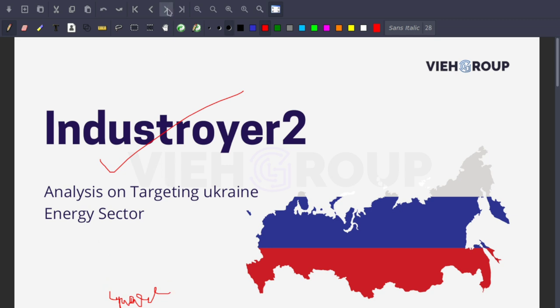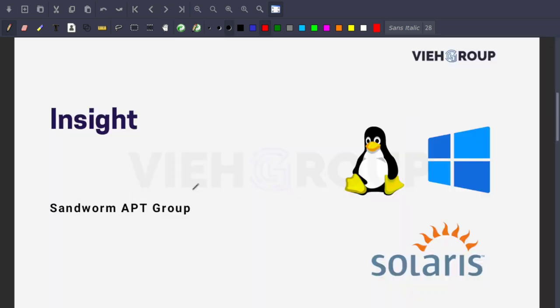So let's start. At first, a little insight about what Industroyer 2 is. Basically, it was reported that the Russian-based hacking group Sandworm APT was observed interrupting the electrical supplies in Ukraine in recent days, and they were also targeting electronic transformers.